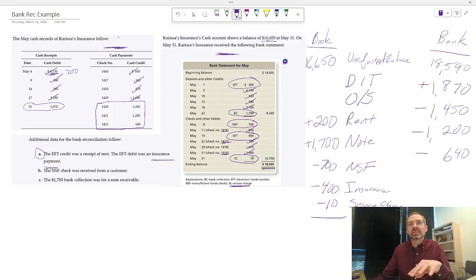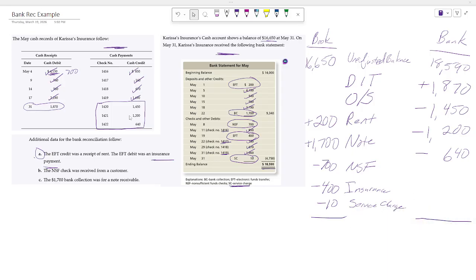And we are adding and subtracting from the bank statement everything that they don't know about. So we are sharing information between these two areas, and hopefully we get to the same number, the actual cash that we have. All right. Let's get a calculator and add up these things.